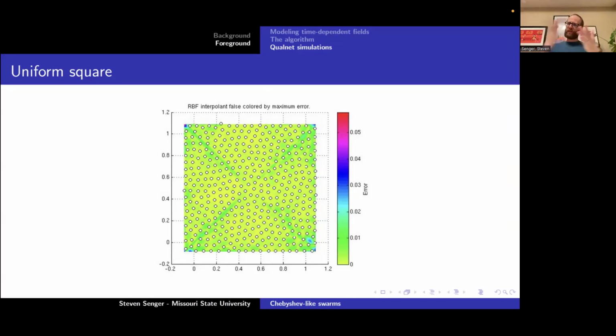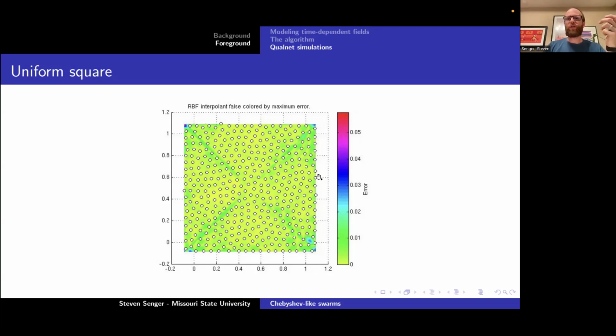Remember how I said that a sample sees not only where it is, but if the function is continuous, that tells me something about what's happening nearby. Think about my robot flying through a forest fire. If I know the temperature here, well, probably I know something about the temperature close to me, just maybe not so much about the temperature far away. So we had our swarm reconstruct this field, and this is going to be the error.